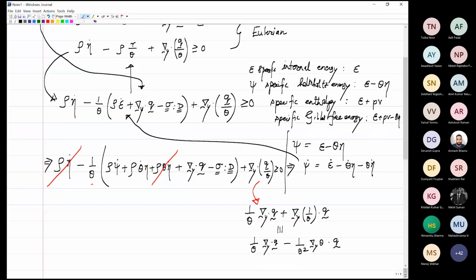Now, can you see that there is another cancellation? This term, which is divergence of q divided by theta with a minus sign, is going to cancel with this term with a positive sign.